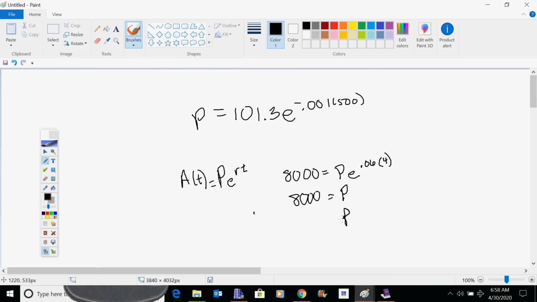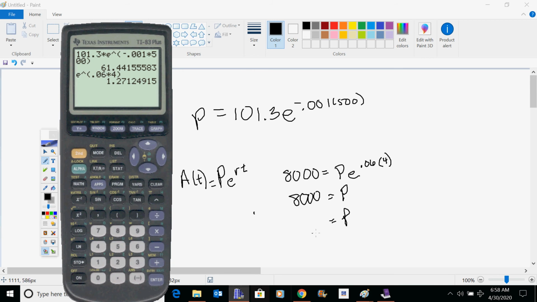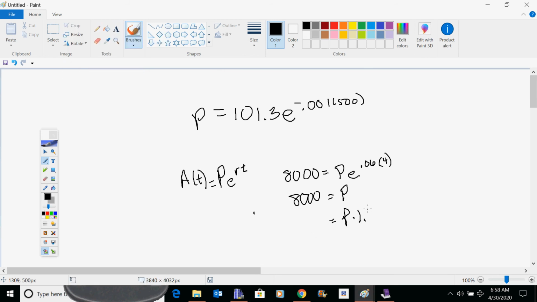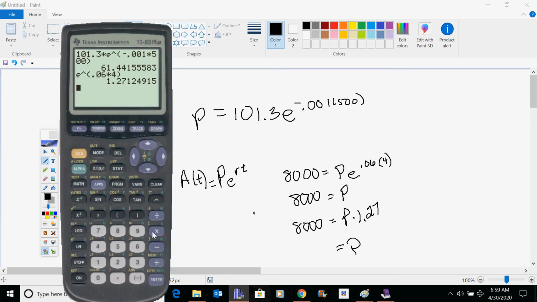P times 1.27 equals 8,000. So you would just divide both sides by 1.27 to get that one by itself.